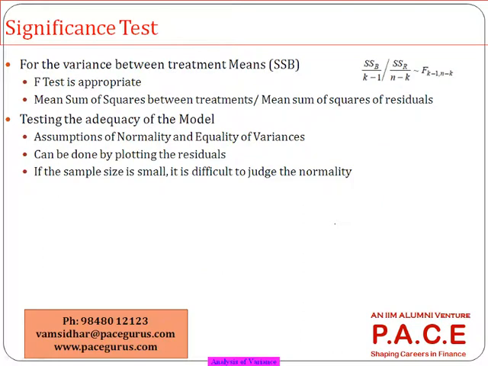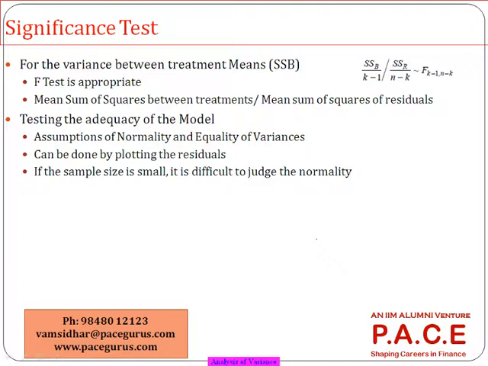Now, if I have to test whether the variance between the treatment means, the 1700 that I have got, is significant or not, for that we are employing what is called an F-test.